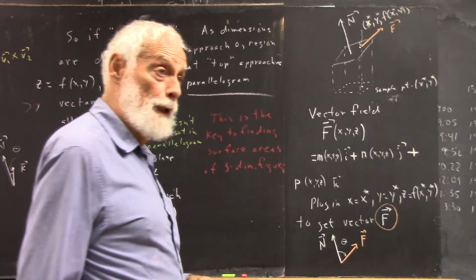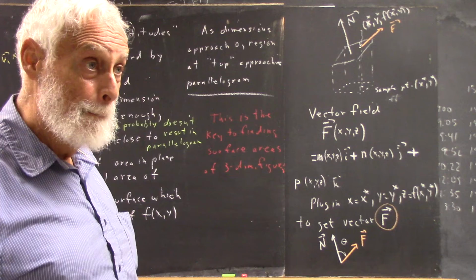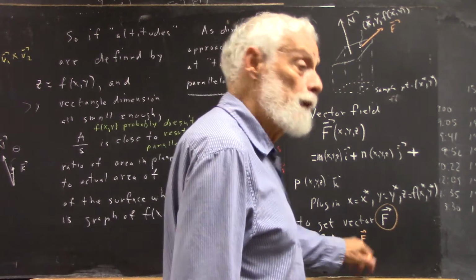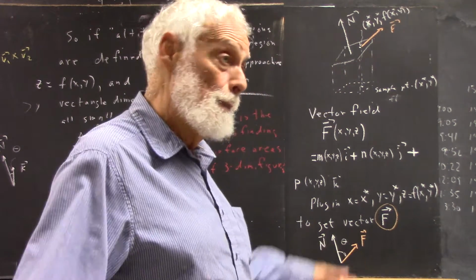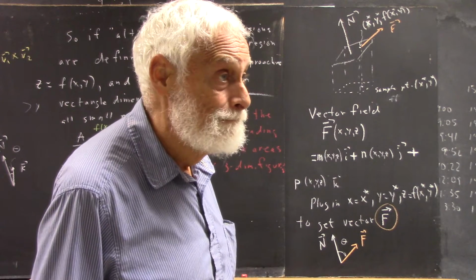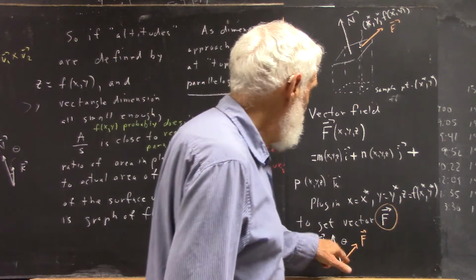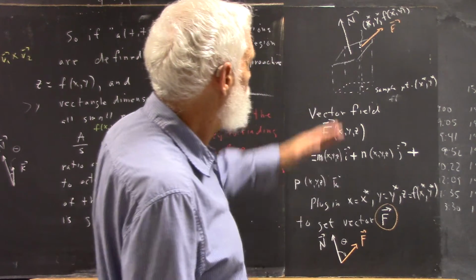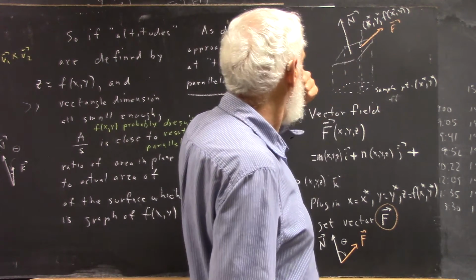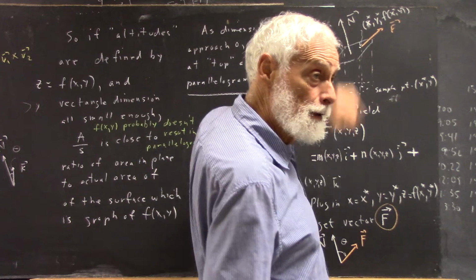Well, they do make some angle that you can easily calculate, right? Just take the dot product of these 2 vectors, divide by the product of their magnitudes. And this angle determines how much of this vector tends to penetrate this parallelogram.